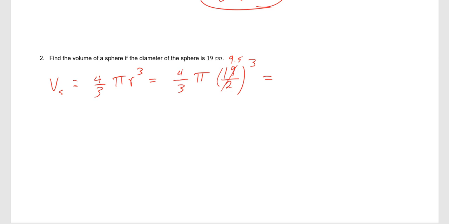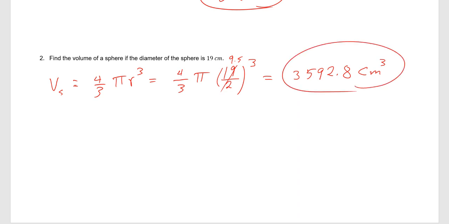Times 4/3 is that much, times 22 or so pi. We end up getting 3,592.8 cubic centimeters.